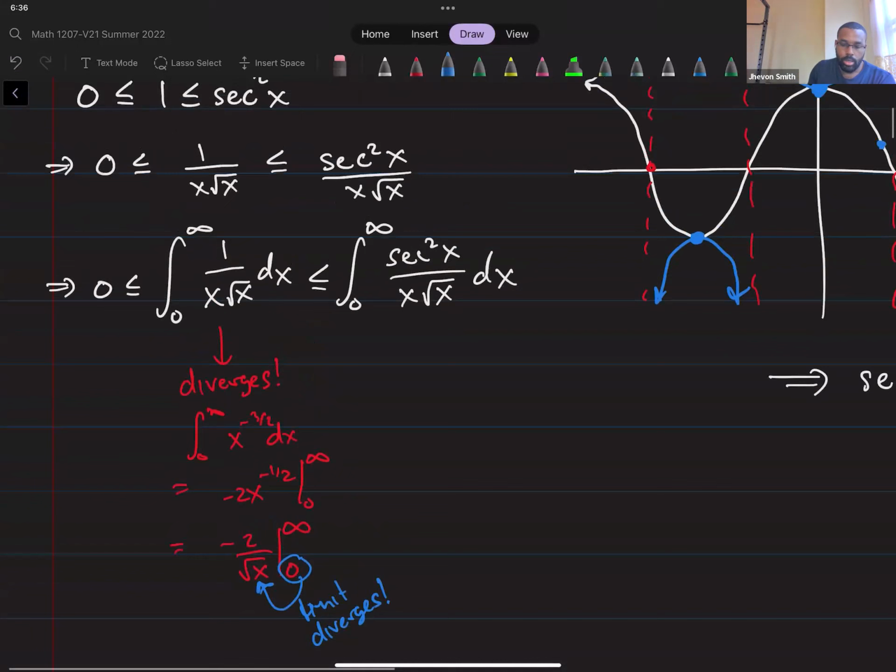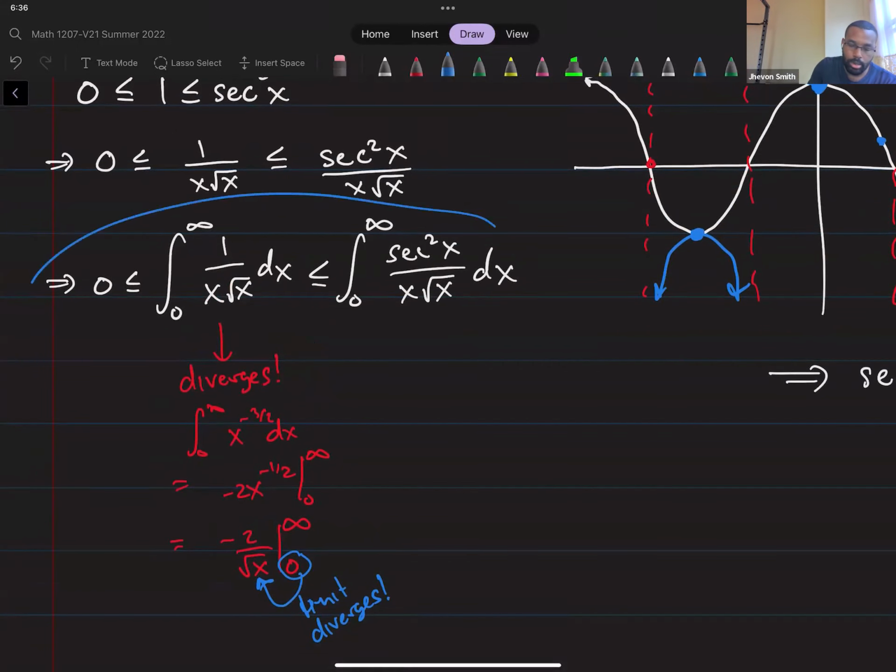Okay. So this is like a comparison theorem. It's like this part here is my integral of, I think g was what I did. This part here was my integral of f. And then over here I have this 0. So I can apply the comparison theorem. The integral that's less than the one that I care about diverges.